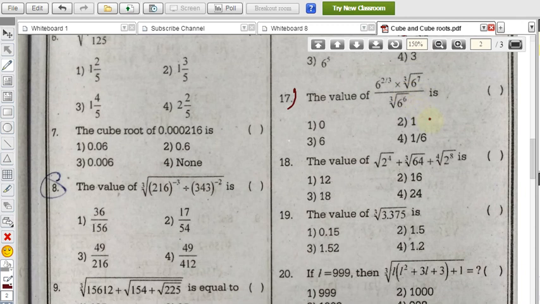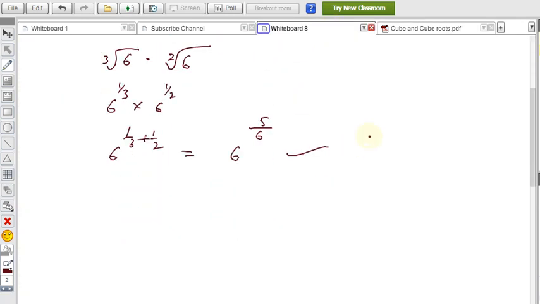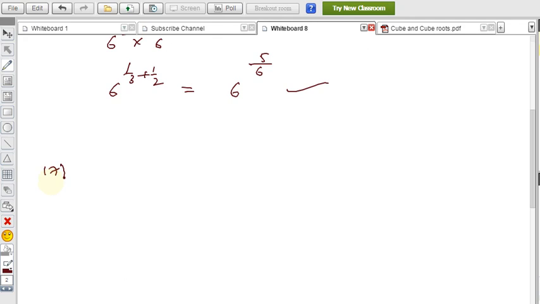Same, by applying the formulas we will find this. The given question is 6 to the power 2 by 3 into cube root of 6 power 7 by cube root of 6 power 6.